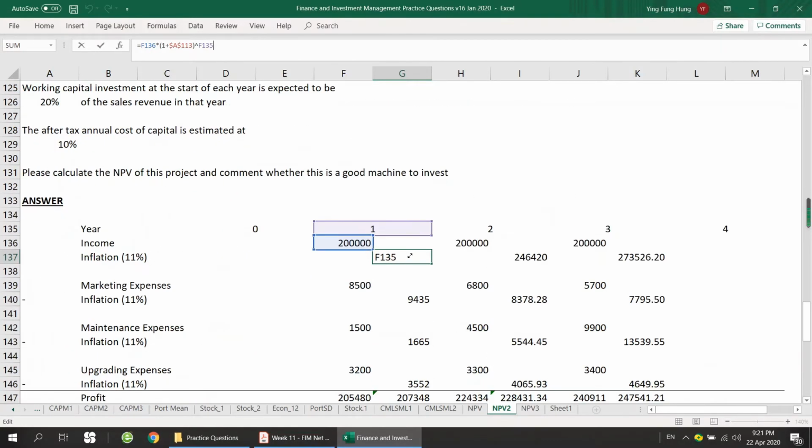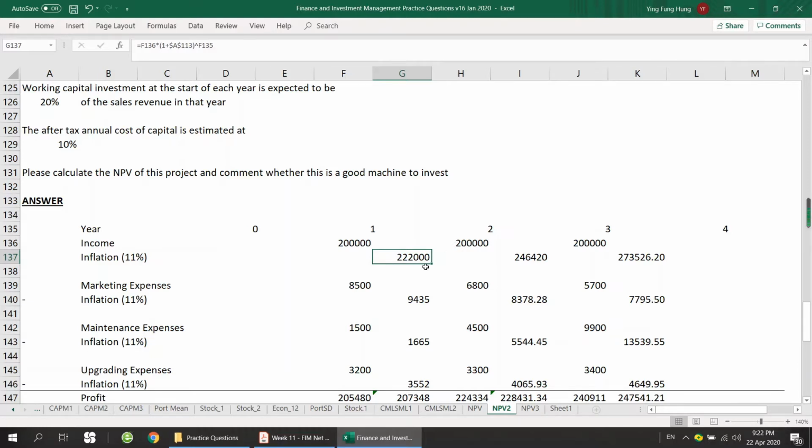Because this is the first year, we raise to the first power, meaning we multiply by this 11% once. This will give us an answer of 222,000 for the income after calculating the inflation rate.